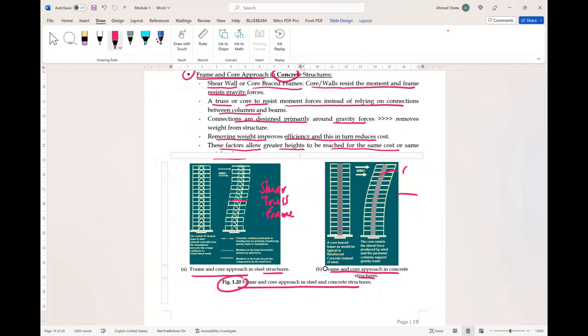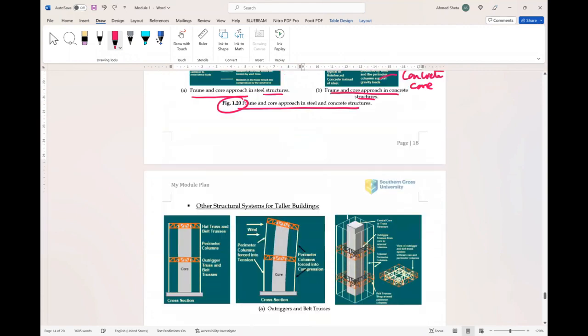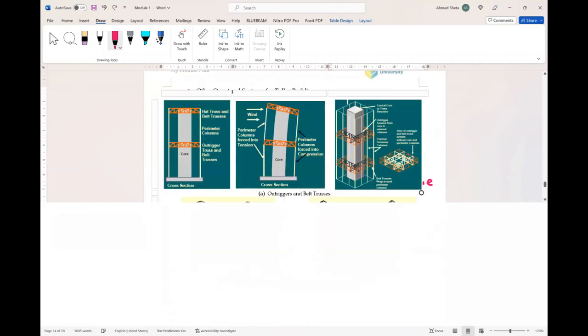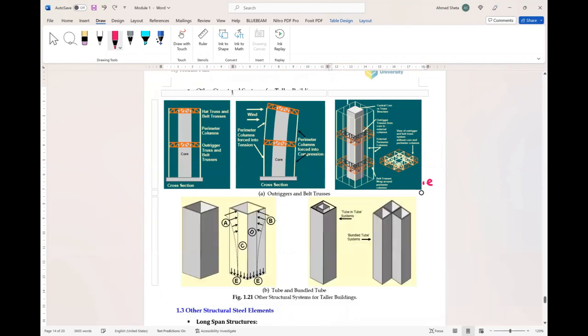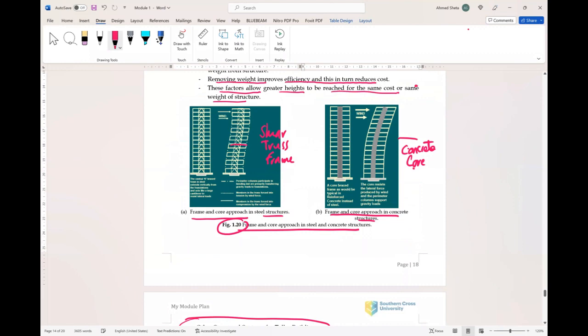In concrete, there is a concrete core. There are other production systems for taller buildings, not only the frame and core approach.